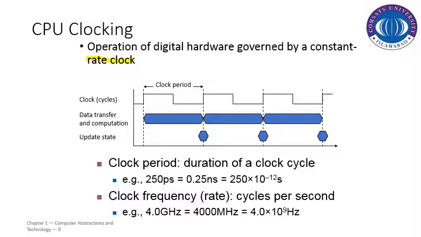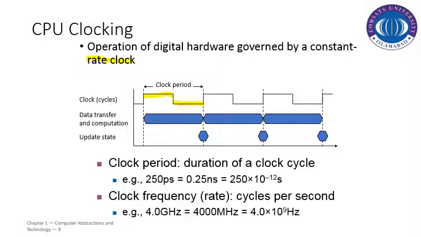If we consider the clock period, clock pulses are basically a periodic train of digital pulses, and one clock period represents one high pulse and one low pulse. In order to determine the time frame of that, we take the reciprocal of the frequency, so T is equal to 1 over F. That gives us the time frame, or the clock period, or we can say the clock cycle time.